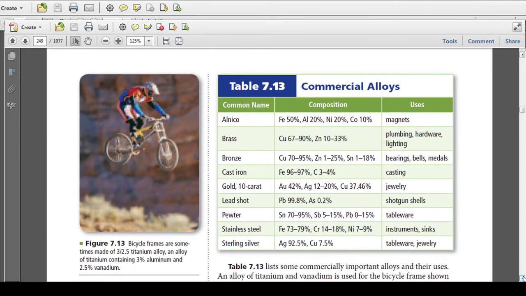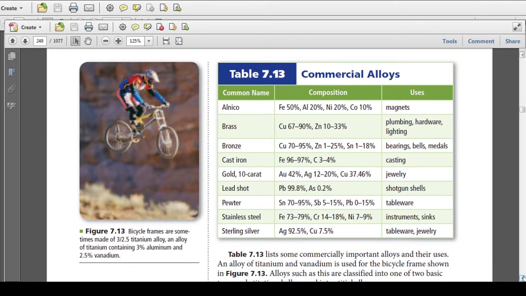Okay, and if we look at 713, we have a list of alloys that you've probably come across: brass, bronze, cast iron, 10 karat gold, 14 karat gold, 18 karat gold, lead shot, stainless steel, sterling silver. These are all alloys that you've probably seen every day in their various different uses.